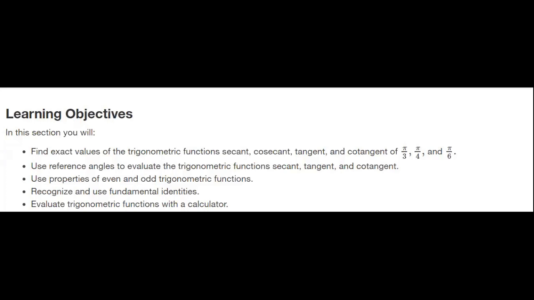Use reference angles to evaluate secant, tangent, and cotangent, and also use properties of even and odd trigonometric functions, recognize and use fundamental identities, and evaluate trigonometric functions with a calculator. So that's what's on the menu for this section.